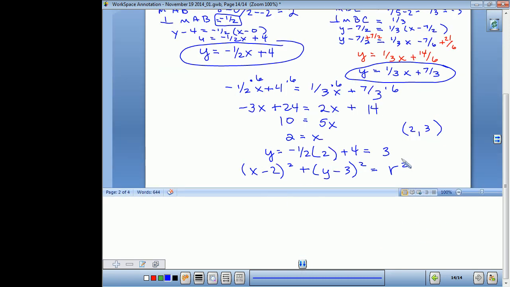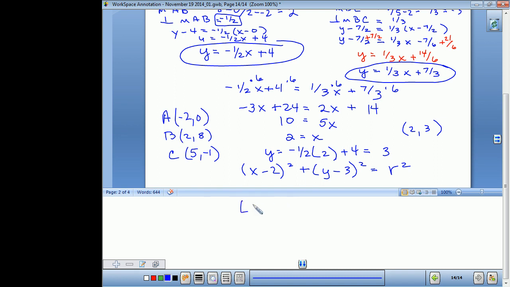Okay, so our points on this were A was the point negative 2, 0. B was the point 2, 8. And C is the point 5, negative 1. And so we know it's going to pass through all of these points, so we can pick any of them and plug it in and find the radius. Whichever one makes you the happiest.